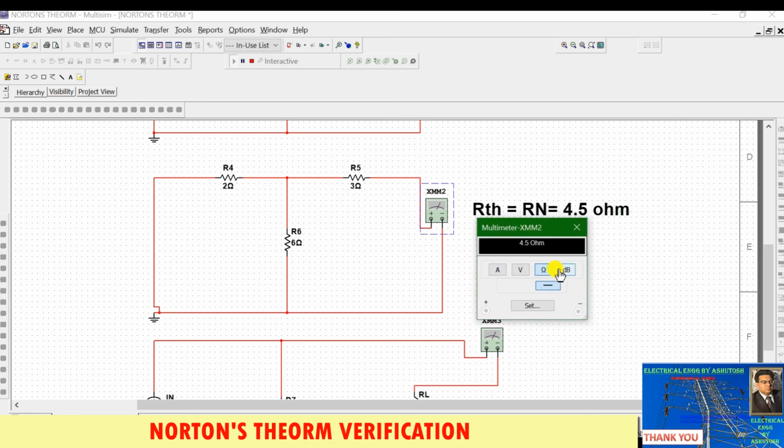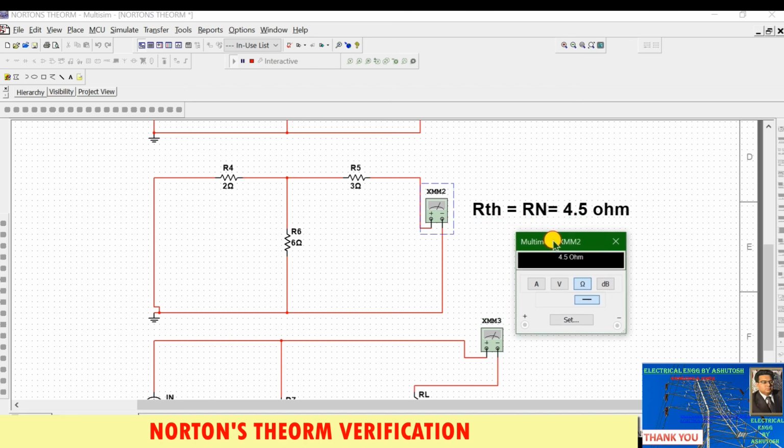We have selected the ohm meter, so this multimeter is working as an ohm meter. 4.5 ohm is the reading. You can see here we have removed the voltage source, placed a short circuit across here, removed the load resistance, and this will tell you the resistance value, 4.5 ohm.